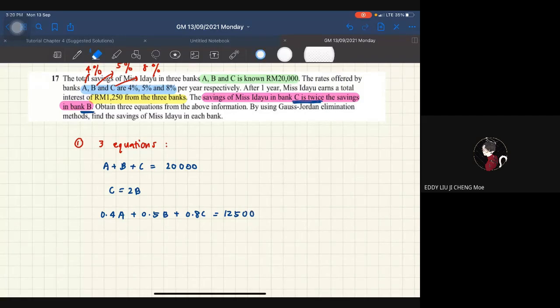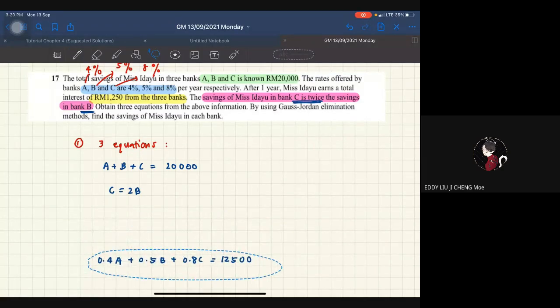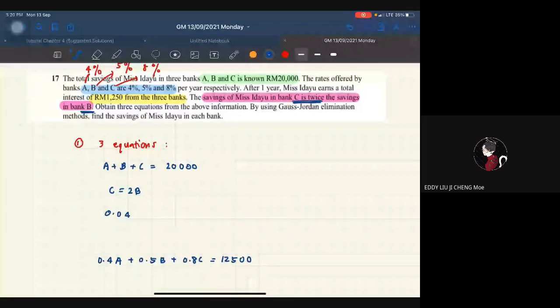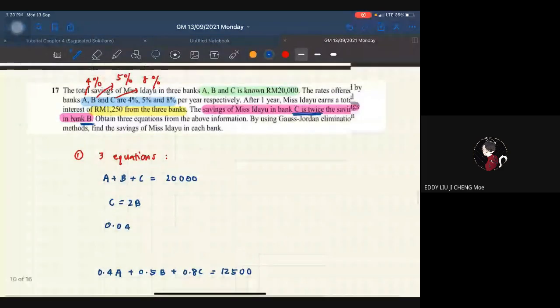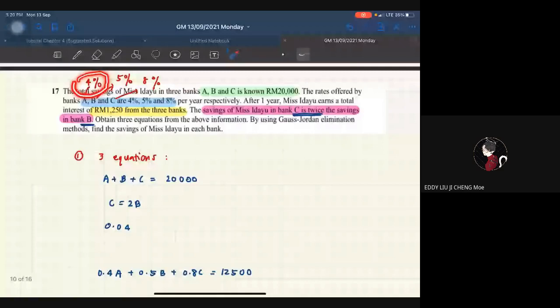Okay, so actually, saya tulis dulu equation asal dia. Saya tolak dekat bawah sikit. So originally kita punya equation is just 0.04. Sebab dekat sini, 4%, jadi kita akan dapat 0.04.